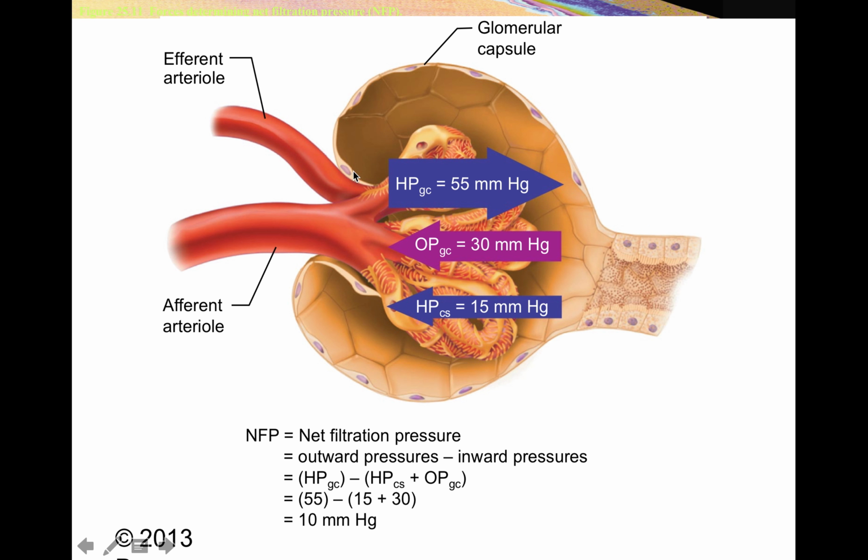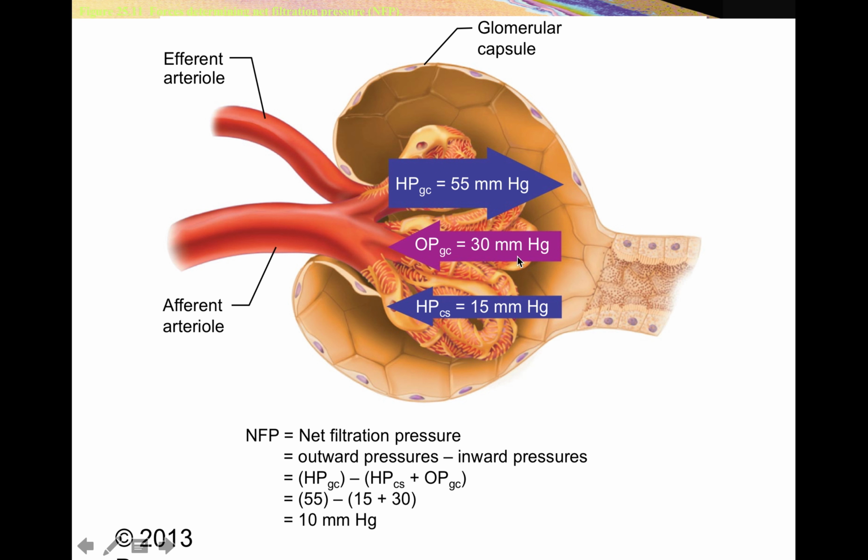And while this pressure is pushing out, there are two pressures working against it, basically pushing fluid back into the glomerulus. The larger one is the osmotic pressure, which is basically because you have a lot of solute molecules inside your blood, so water is going to be pulled back. This is a pressure of about 30 millimeters of mercury.